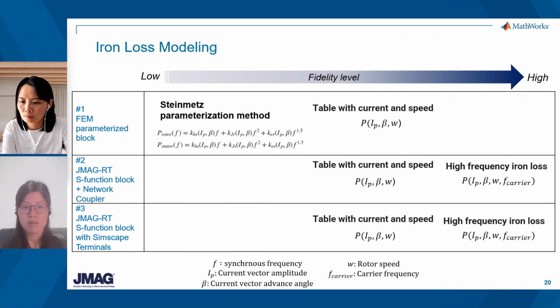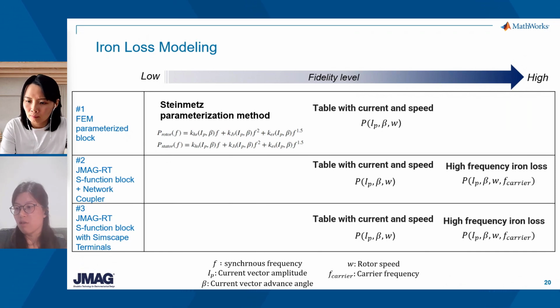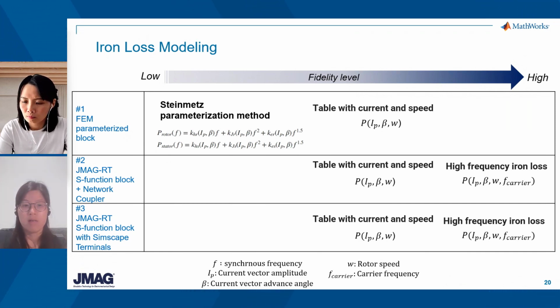Then coming back to the discussion of the JMAG RT blocks, now I show these three blocks on the y-axis of this chart. The FMU parameterized block can support the first two methods, Steinmetz and table with current and speed. In the meantime, the JMAG RT as function block, the network coupler, and the JMAG RT as function block with Simscape terminals support a table with current and speed, as well as high-frequency iron losses.